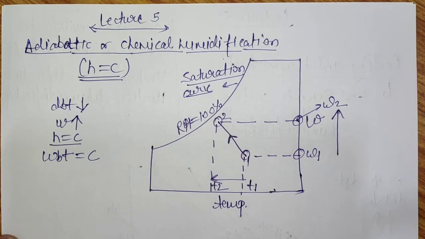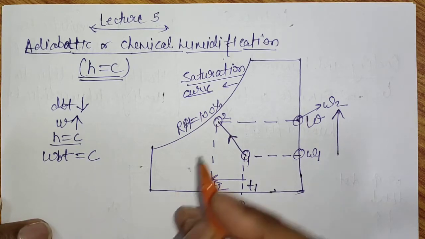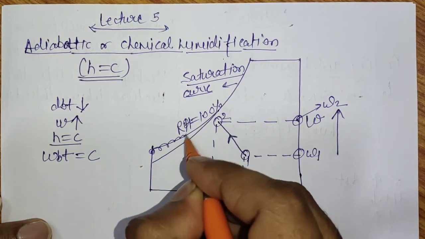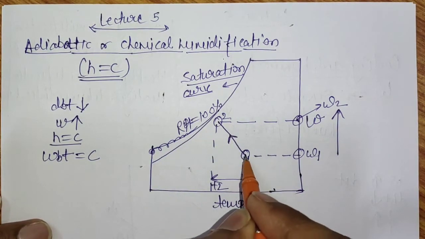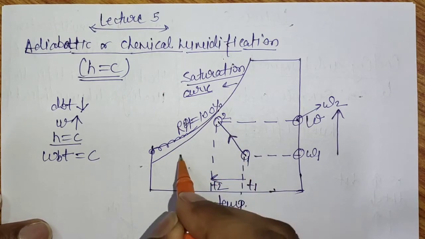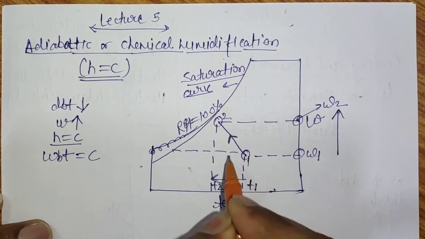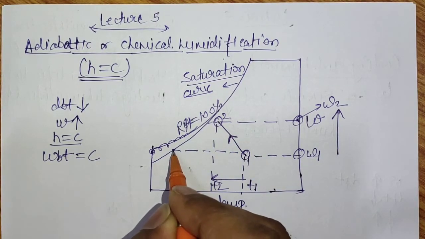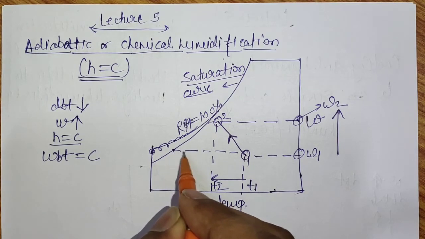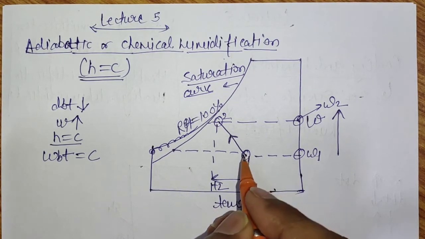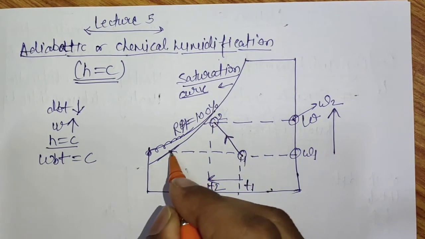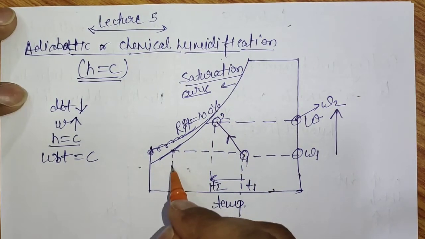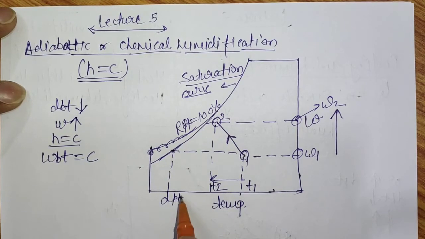Talking about the dew point temperature, we know that it is obtained by drawing a horizontal line in such a way that it finally joins the saturation curve. If we draw a horizontal line from state 1 and state 2, then the temperature at the point where the constant specific humidity line meets the saturation curve will be the dew point temperature at state 1.